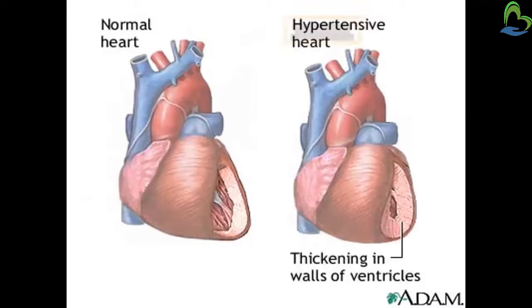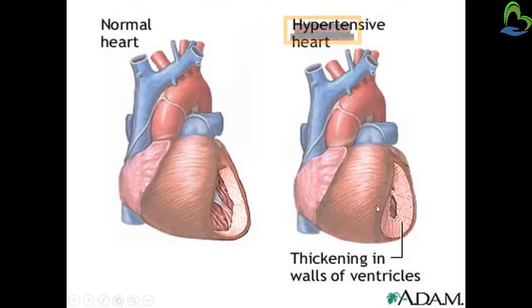So let's have a look at the normal heart and the hypertensive heart. We can see here that the blood vessels are not able to support enough cardiac output, and all these things lead to myocardial thickening. A normal heart has lesser thickness of the myocardial or ventricular tissues, but in the hypertensive heart the thickening of the ventricles has extended, and the wall thickness is more than normal.